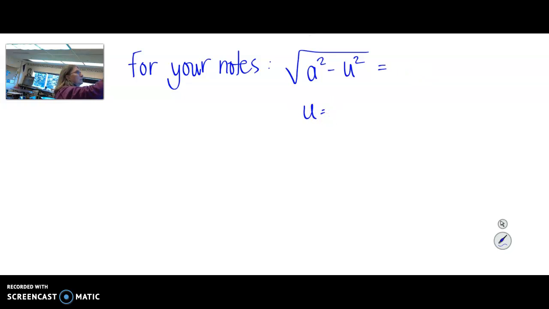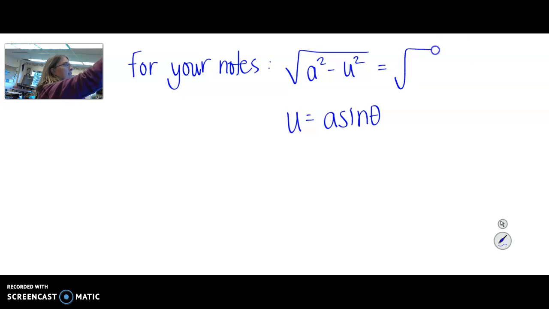You can replace this with, our u is equal to a sine of theta from that triangle.